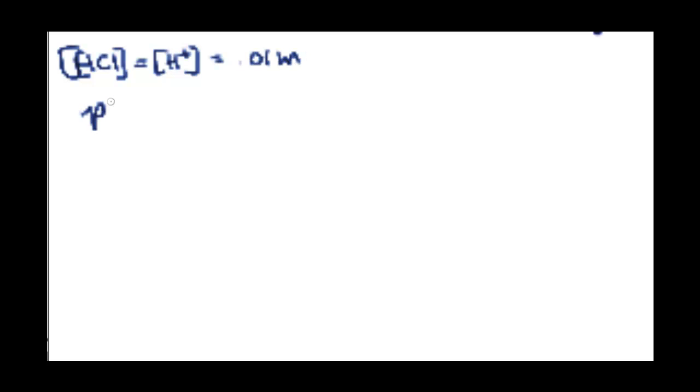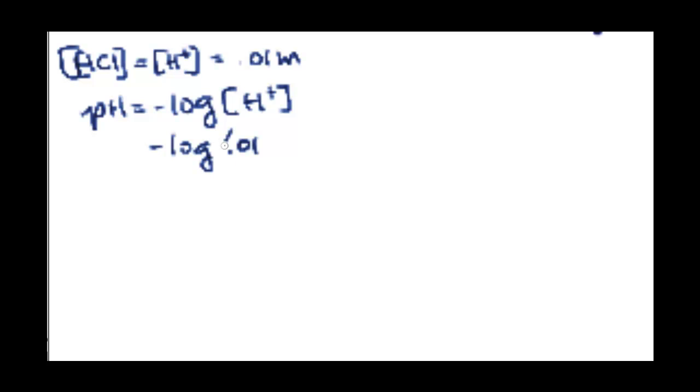And then pH is equal to negative log of your protons, so negative log of 0.01, and if you do that on your calculator, you get 2.0.